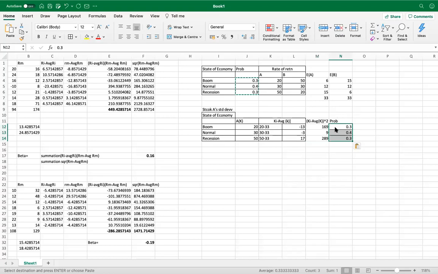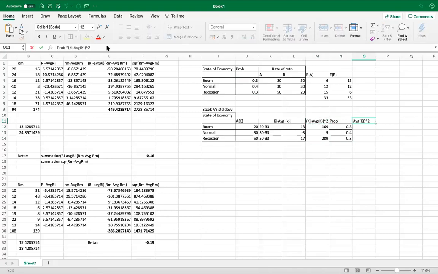So this is my probability. Let me adjust it for the probability. Probability into the squared deviation.